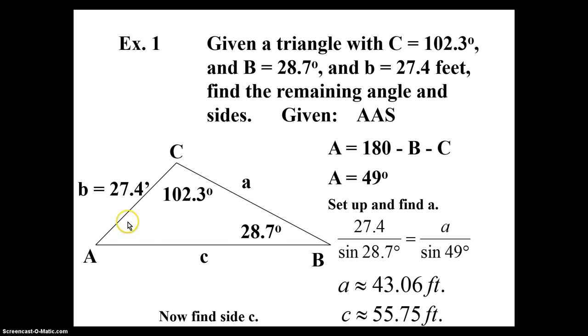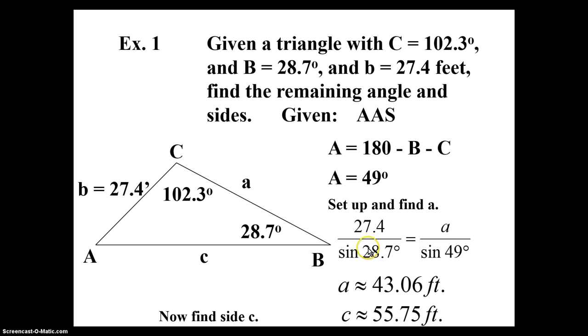A triangle has angles that add up to be 180. So to get the missing angle, we say 180 minus the two that we know. So minus 28.7 minus 102.3, which leaves us with 49 degrees. So we have all three angles. From there, we use the law of sines ratio to go ahead and write or find the appropriate sides.